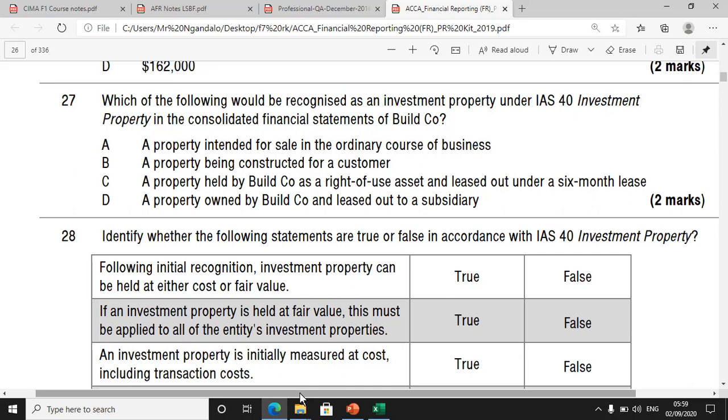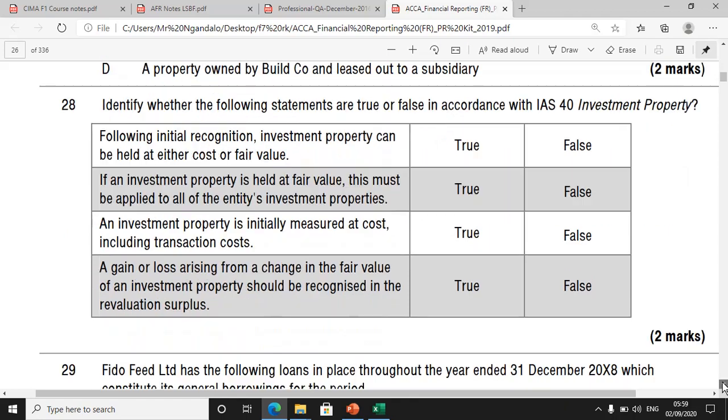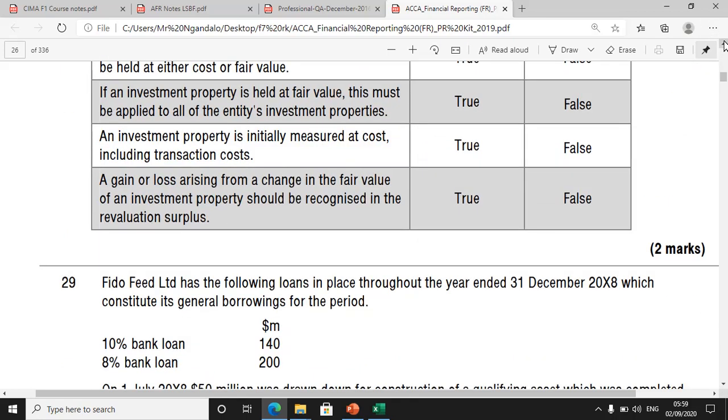I'd like to go for C because I think D, from the context of group accounts, if the subsidiary occupies one of the properties for Beautyco, then that's owner occupied. So C is the best option. It says the property held by Beautyco as a right of use asset and leased out under a 6 months lease. So C is the best option, I believe. We can counter check that. Okay, let us go to the next question.